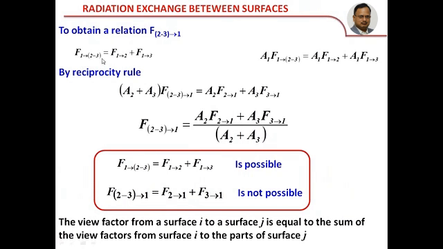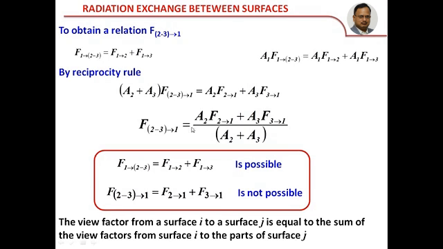So F1 to 2,3, you can use the summation rule as F12 plus F13. Now multiply the entire equation with A1, you will get A1 F1 to 2,3 is equal to A1 F12 plus A1 F13. And the reciprocity relation says that for the areas A2 plus A3 together, A2,3 F2,3 to 1 is equal to A2 F2 to 1 plus A3 F3 to 1.